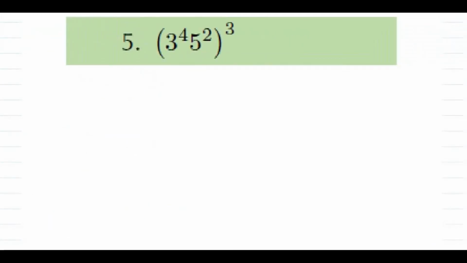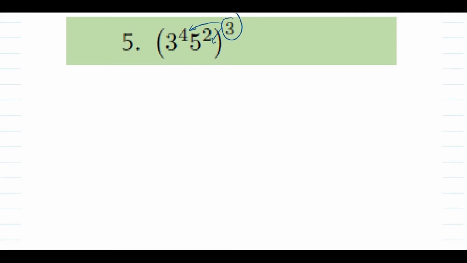Let's move on to question 5. We've got 3 to the power of 4 times 5 to the power of 2, all raised to the power of 3. Like I mentioned, you are going to apply this exponent to that and to that, right?